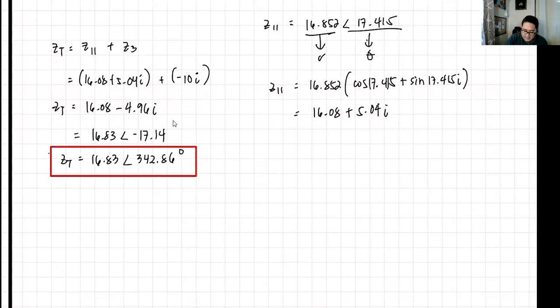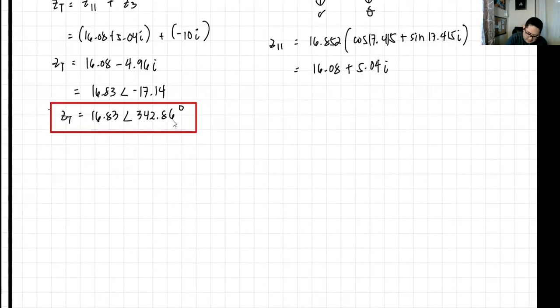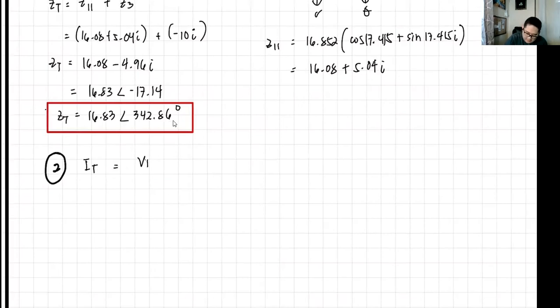Okay. Next is para daw sa total current natin yung kasunod na tanong. Okay. I total tayo. So para makuha yan, we will use V total over Z total.